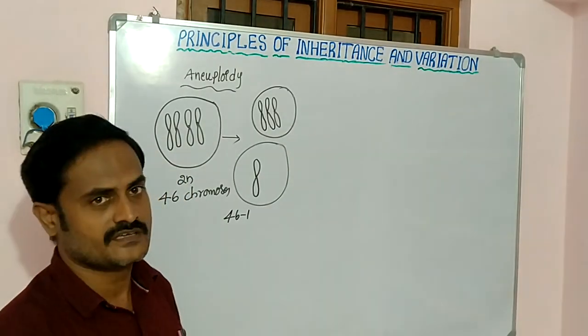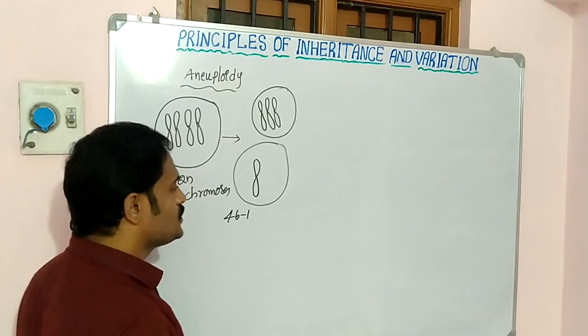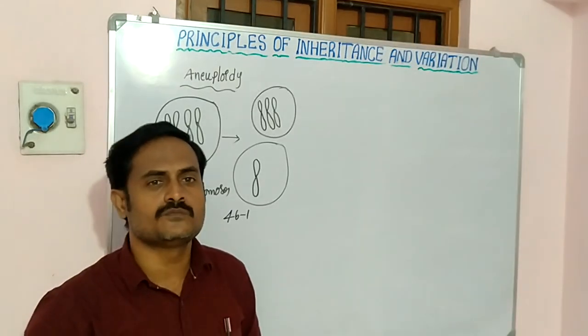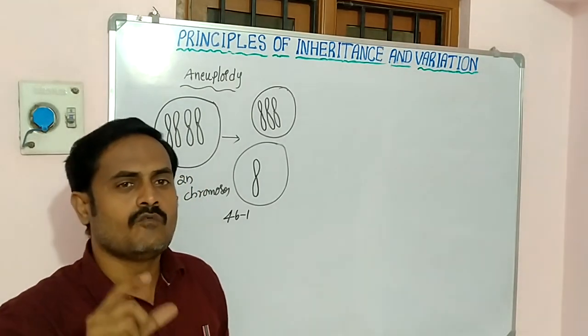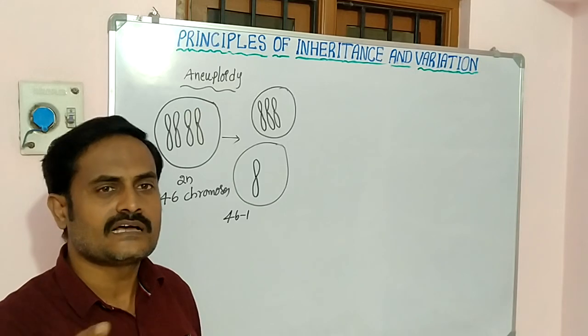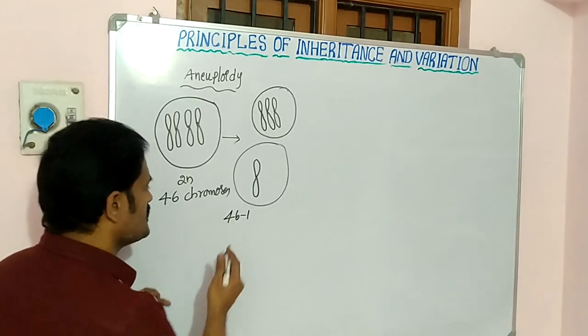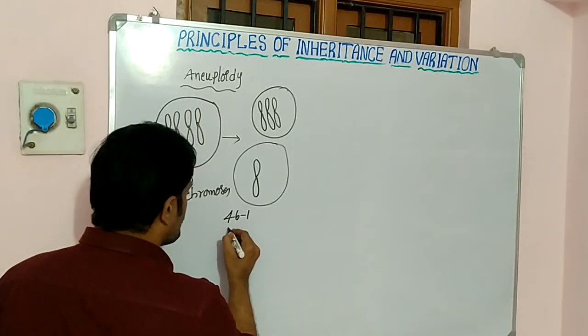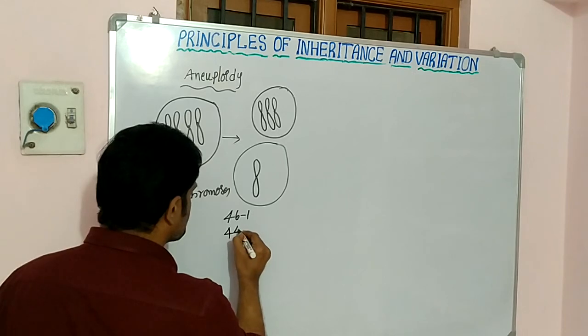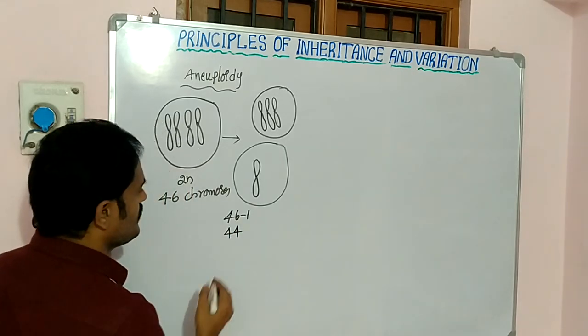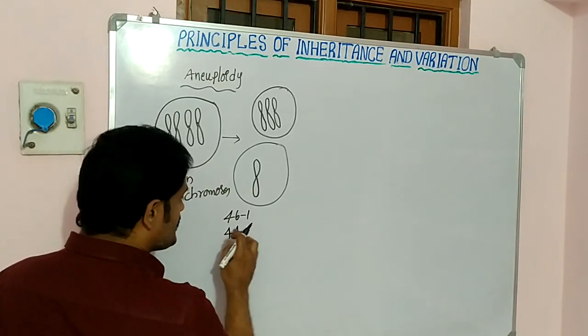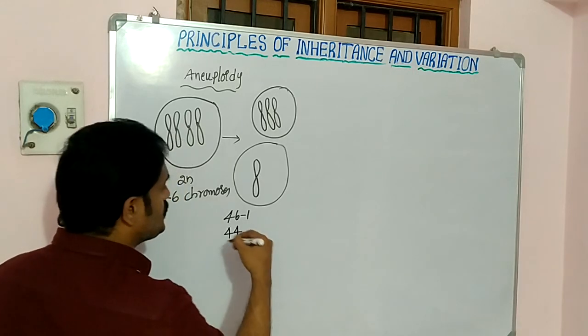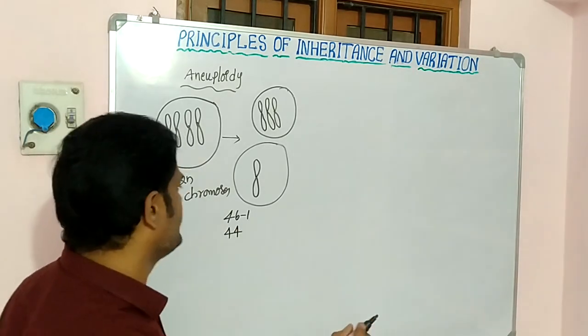So these 46 chromosomes are which type of chromosomes? That is important. Already you know 22 pairs of chromosomes are autosomes. One pair is allosome or sex chromosomes. So here 44 autosomes are present, but there are not two sex chromosomes, only one is present. Why?